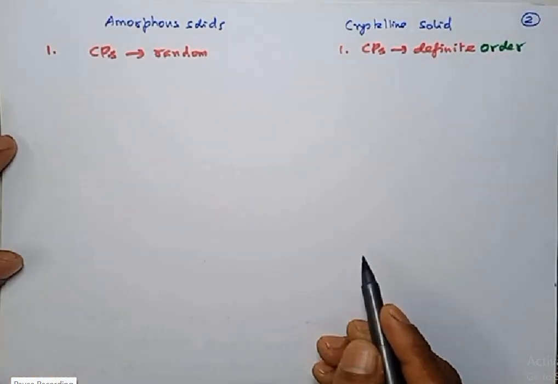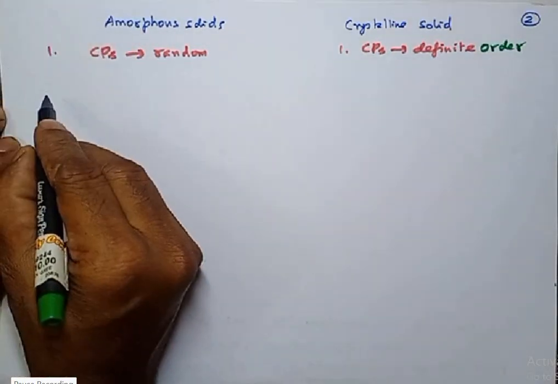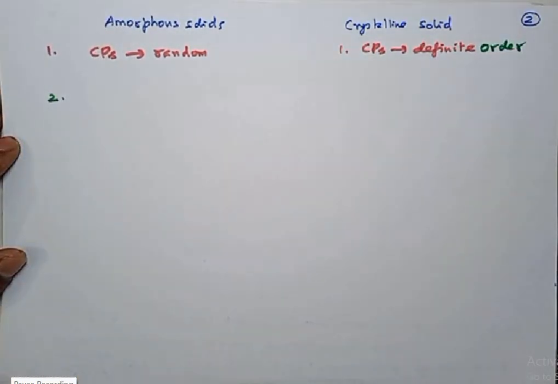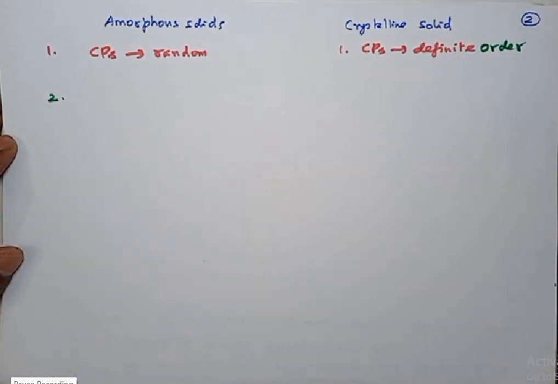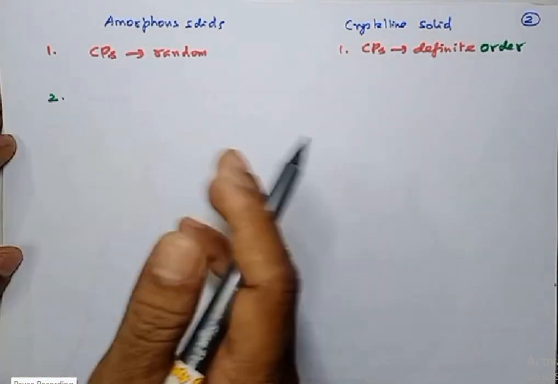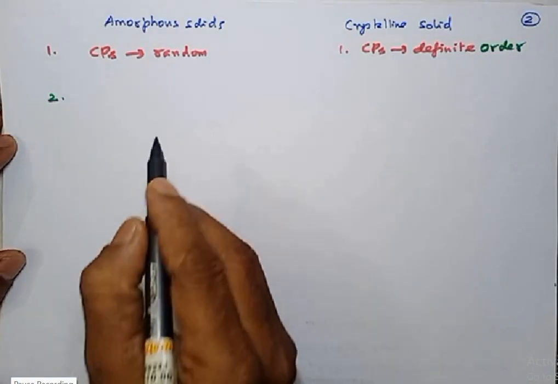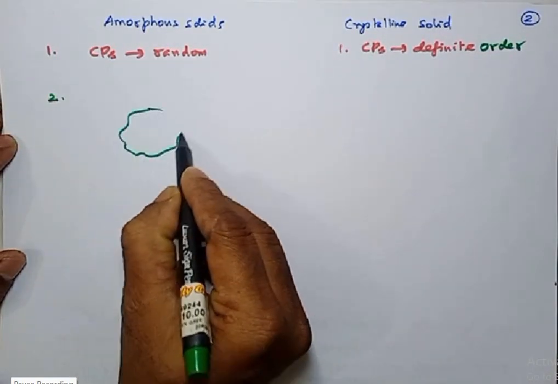Then next important point is that in the case of amorphous solid, if you measure the refractive index of the solid in different directions. Suppose I take some solid.